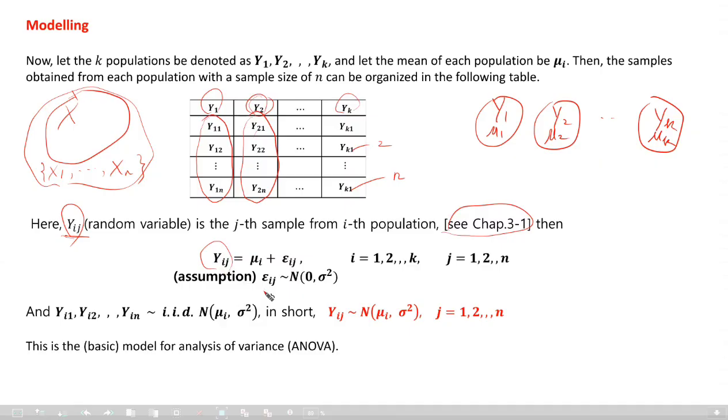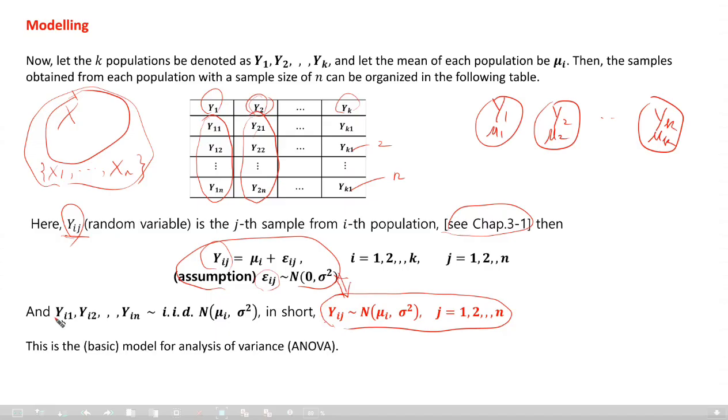And the epsilon ij assumption follows a normal distribution with mean 0 and variance sigma square. Then yij has a normal distribution with mean mu i and variance sigma square. Right? It is equal.